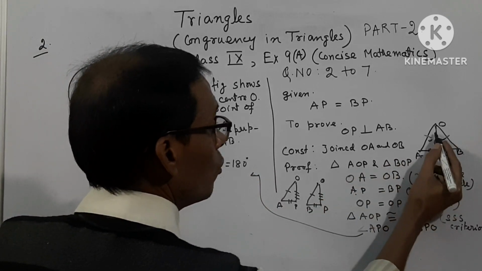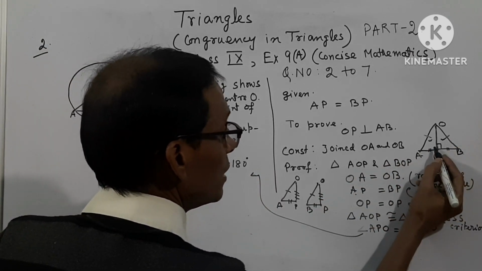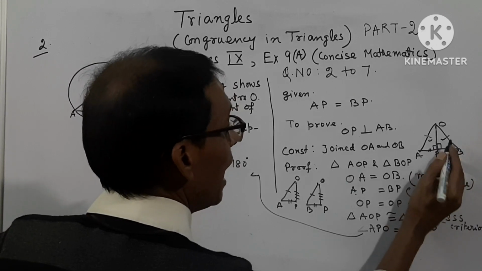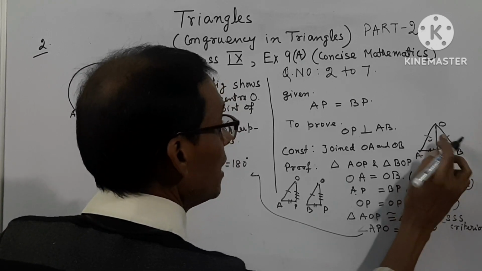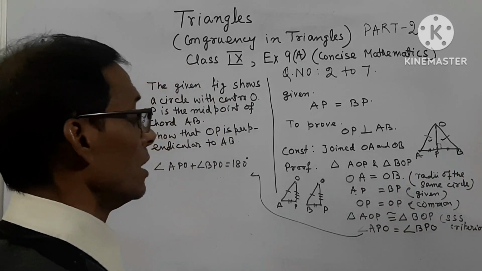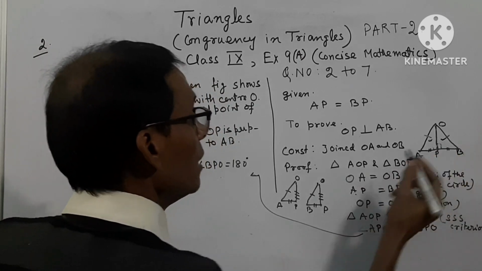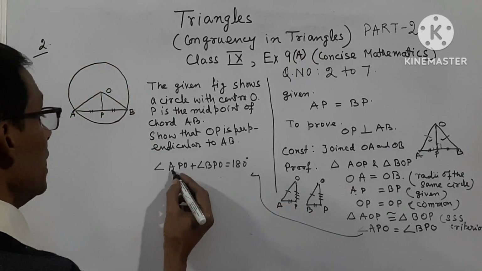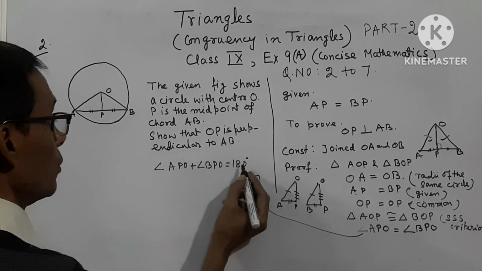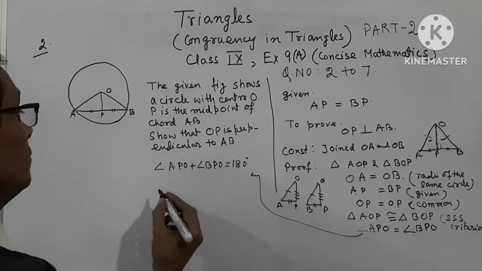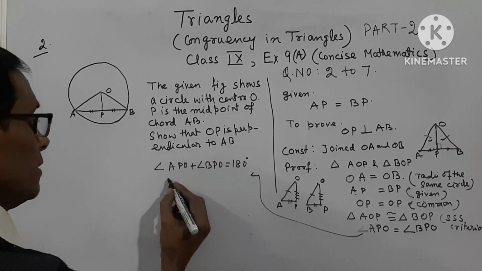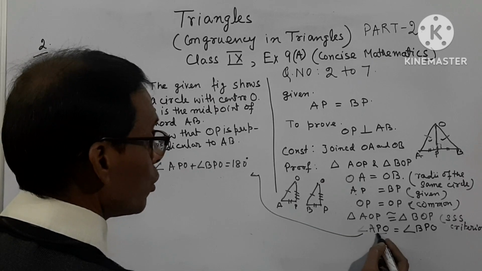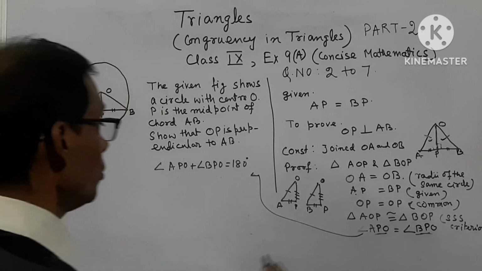Angle APO and angle BPO, see this angle and this angle, both angles, when you are joining, what is happening? It is making a straight line. So angle APO plus angle BPO equal to 180 degree. But you have proved already APO equal to BPO.